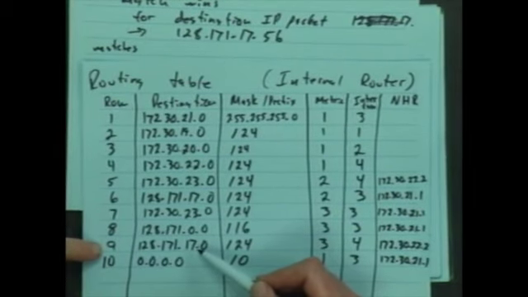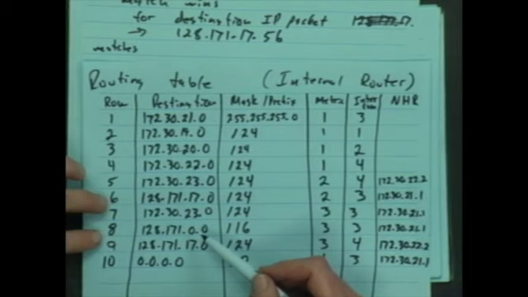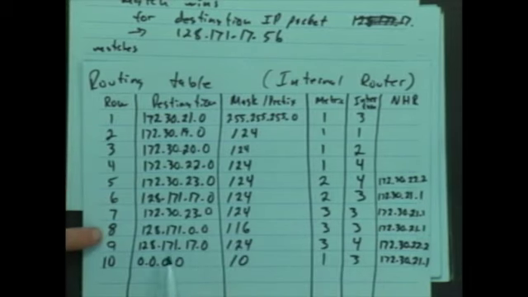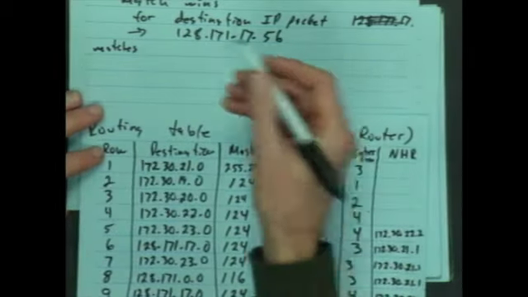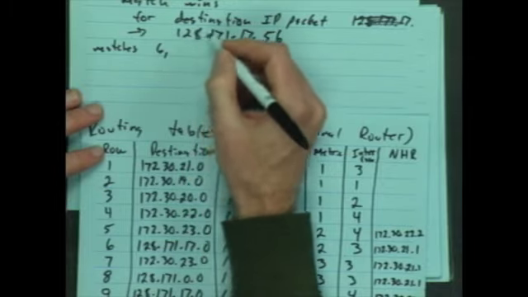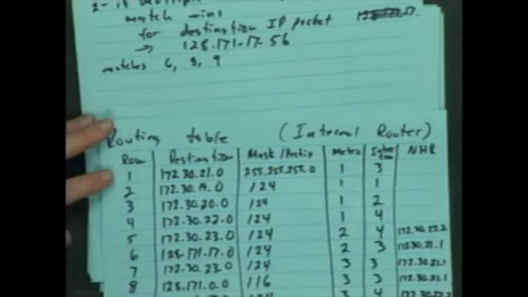Now the thing we know already is which one is going to lose. 8 will lose. Do you see that? Because 8 has a 16-bit match.